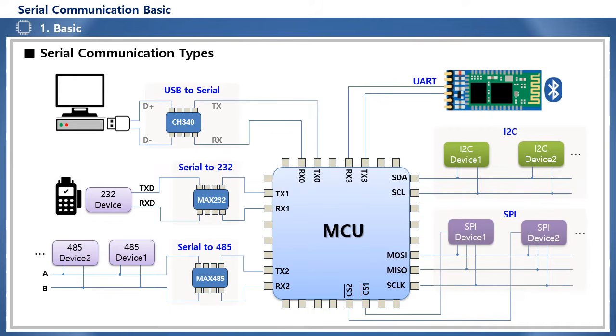RS-232 and 485 are standard communication standards for serial communication with devices or equipment over relatively long distances of several meters or more. I2C and SPI are used for communication between an MCU and multiple sensors or SD cards and other devices on a single board PCB. In MCU, the term USART, which has a more comprehensive meaning, is used instead of the term UART.